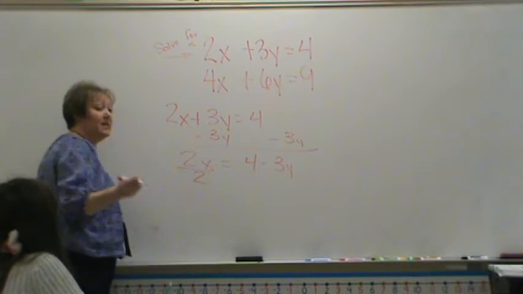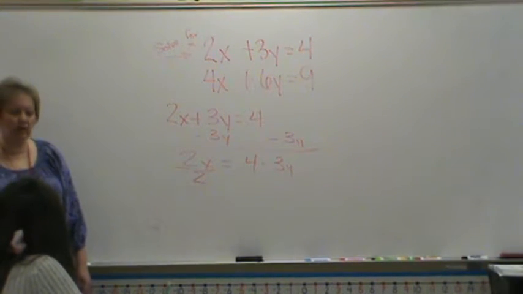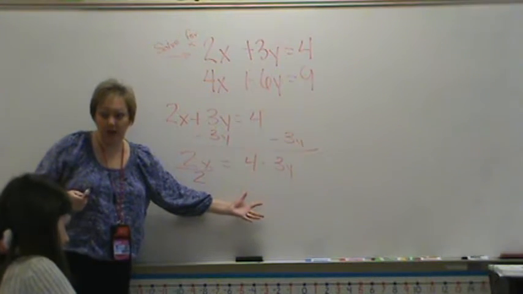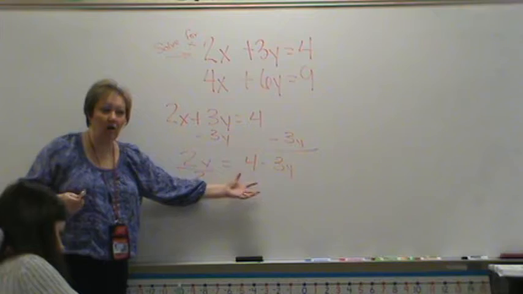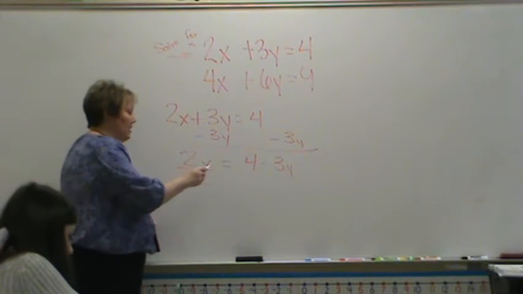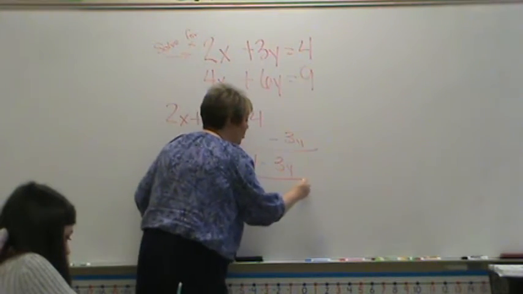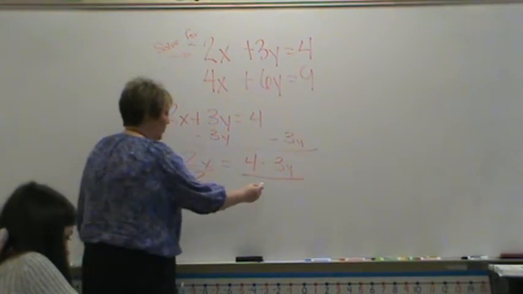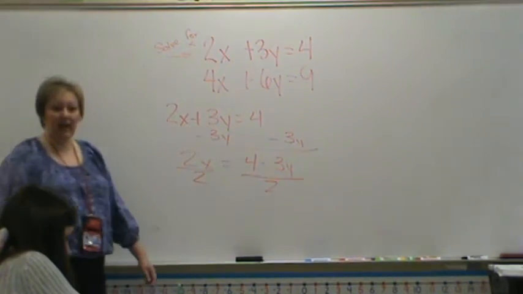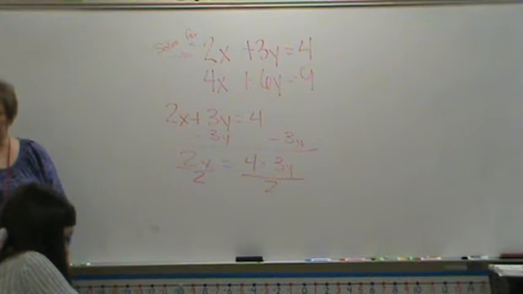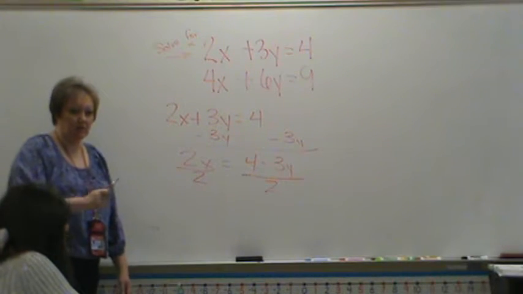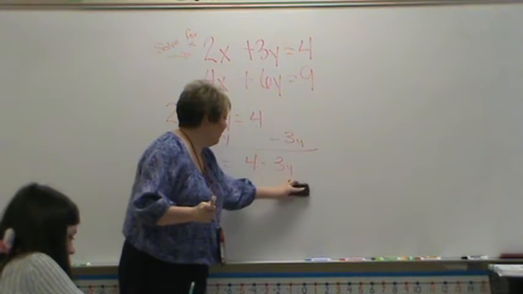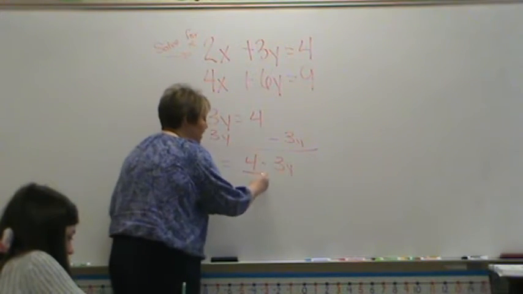Now, something that I want to call your attention to right here. When I've given you literal equations on the 5-minute quiz and I've asked you to solve, some of you are making a big, long fraction bar underneath the whole problem on the other side, and you're putting that 2 and leaving it. You can't do that. I need you to divide each term separately.